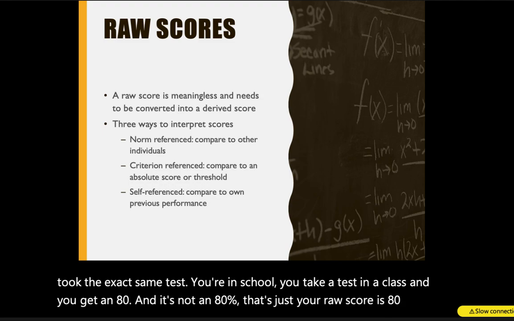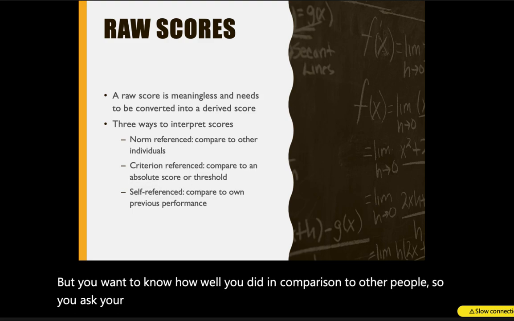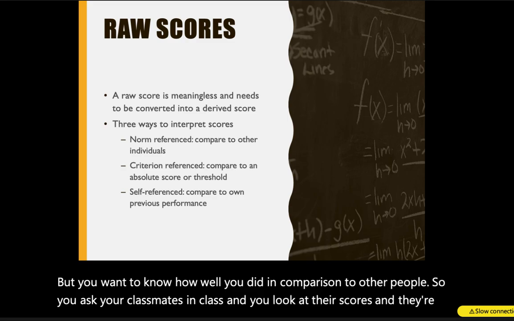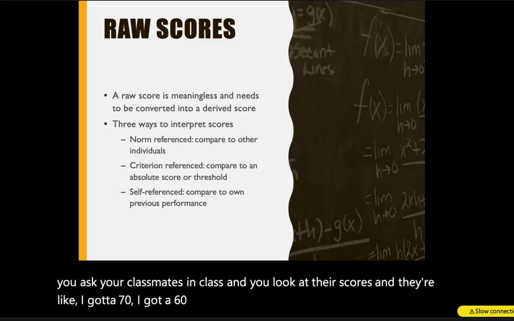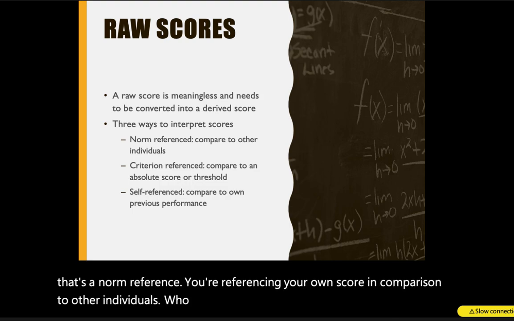But you want to know how well you did in comparison to other people. So you ask your classmates in class and you look at their scores and they're like, oh, I got a 70, I got a 60, I got a 90, whatever it is, and you compare. That's a norm reference. You're referencing your own score in comparison to other individuals who took the exact same test.